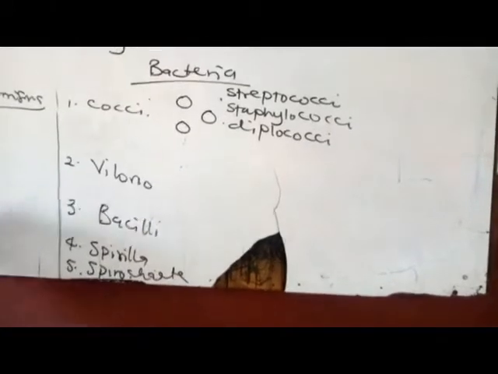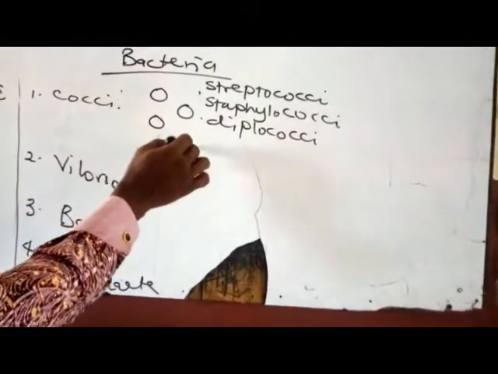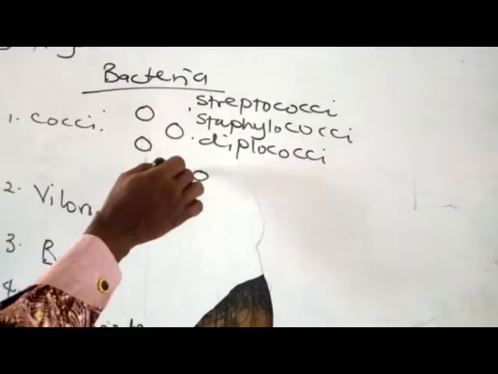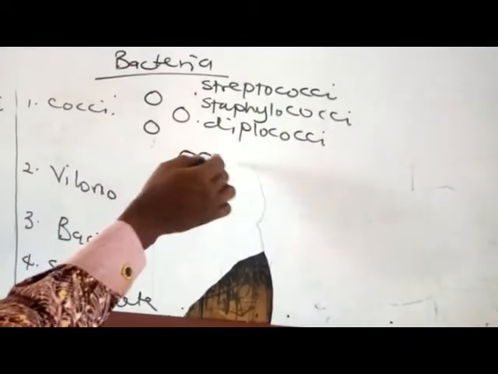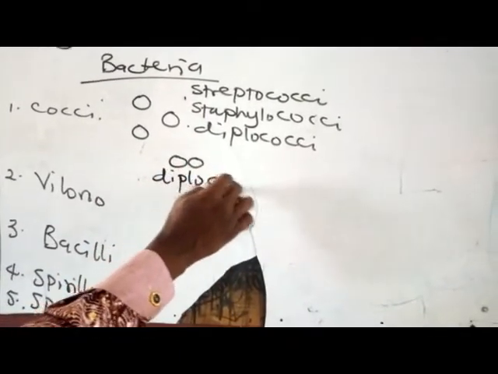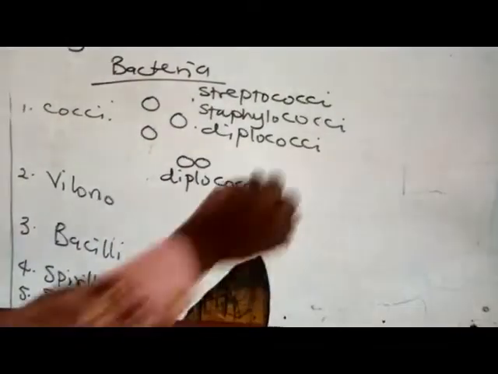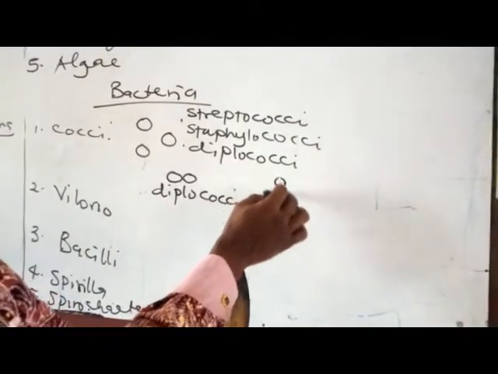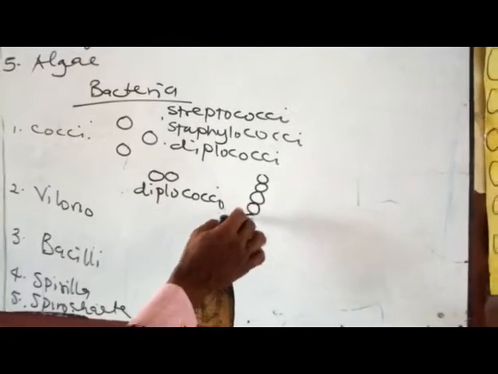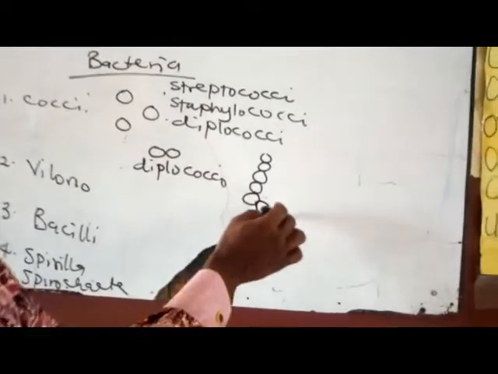When you have two cocci cells that come together, we call it diplo. Now, sometimes this group of cocci can form a chain of different cocci cells.